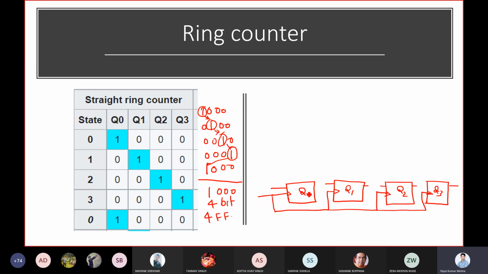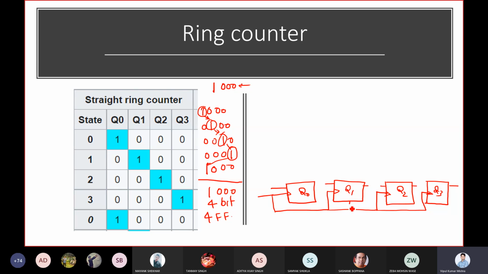Which one do you want preset, which one reset, where I want to store 1 0 0 0? This is our starting point. Definitely you'll say I want Q0 as preset so that the output will be 1, and the rest of them, Q1, Q2, Q3, will be 0, so those I want in the reset state, right? So the first one in the preset and all remaining in the reset state.